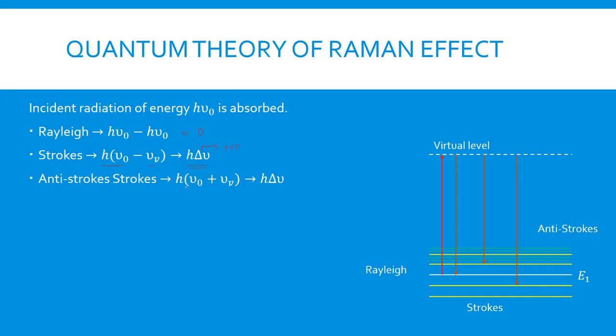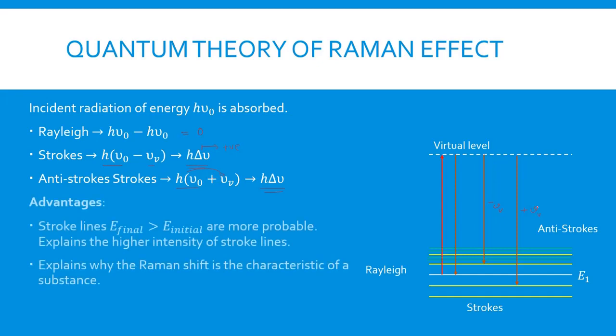In the case of anti-Stokes lines, it absorbed h nu 0 and emitted h nu, where the difference is added, and we have an energy difference of h delta nu. In the Stokes case, an energy of h nu v is added to the initial energy state.